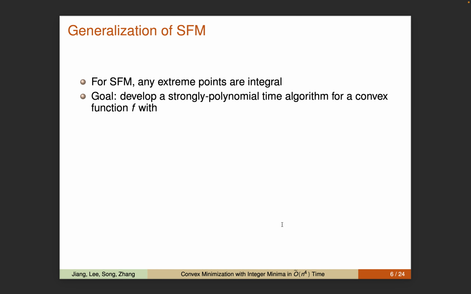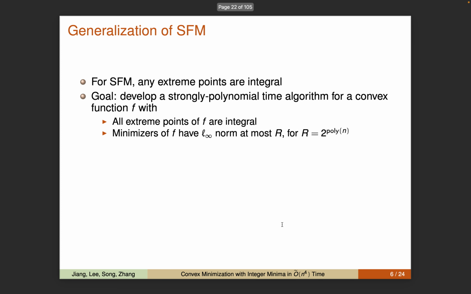So one natural question to ask is, suppose we assume all the extreme points of f are integral, can we develop a strongly polynomial time algorithm for it? An additional assumption we may impose here is that the minimizers of f have an infinity norm bounded by R. And this R can be as large as 2 to the poly n.